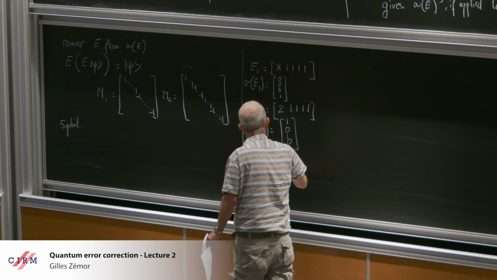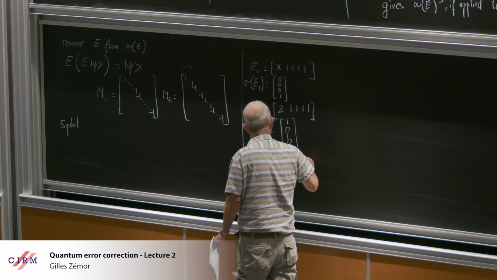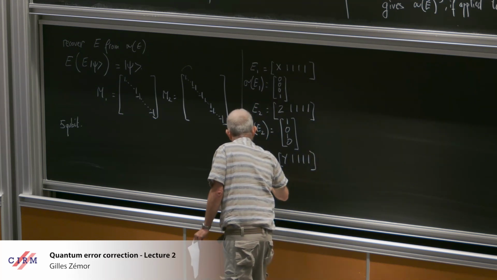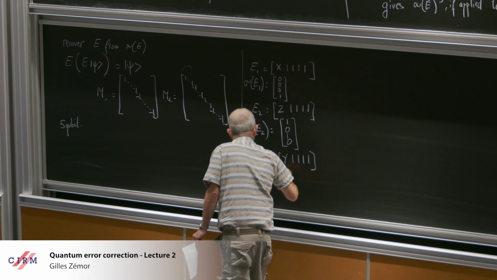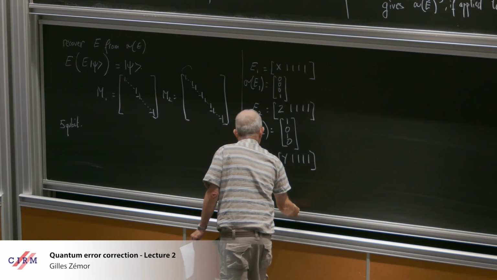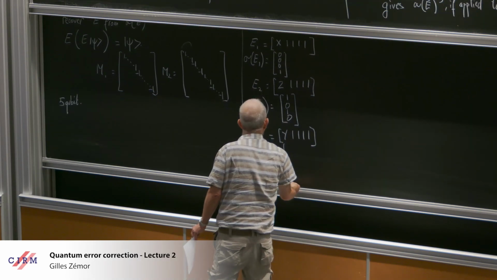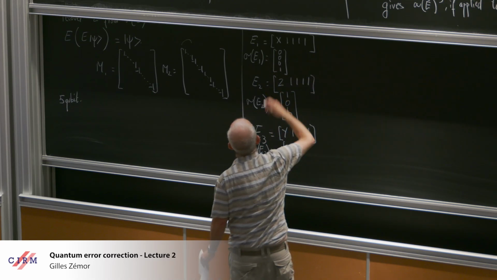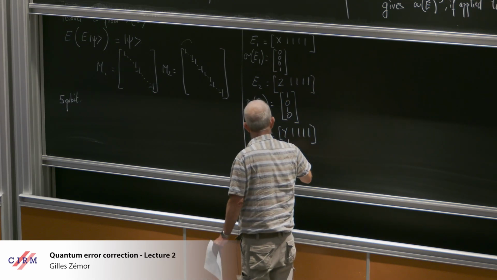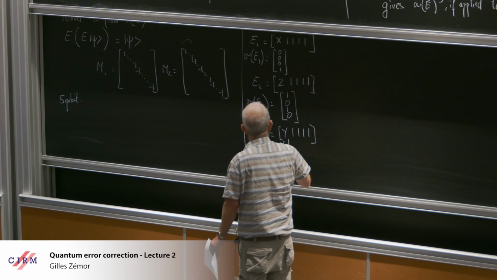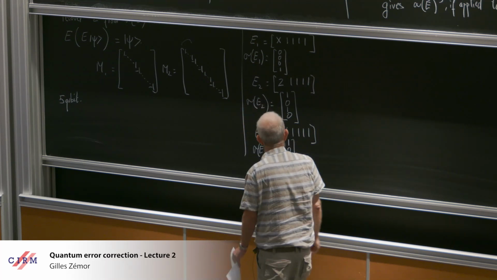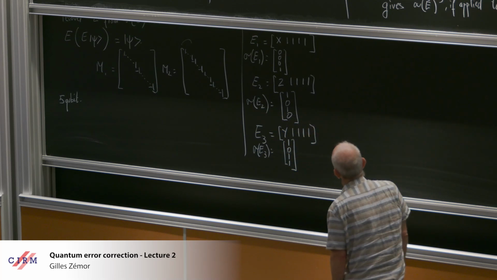E3, suppose E3 is Y, identity, identity, identity. The syndrome of E3 will look like this. Y anti-commutes with X, also with Z. And we get this 1, 0, 1, 1.